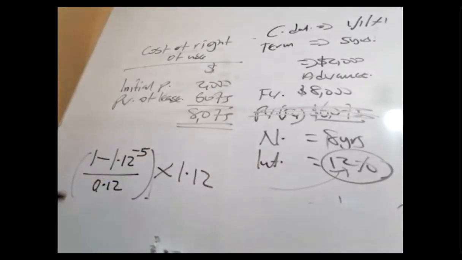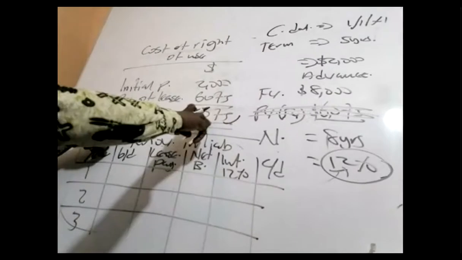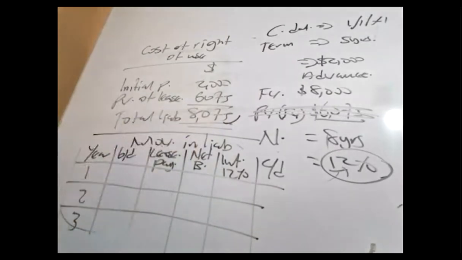So first, what do you get for the discount factor for a 5-year period? In short, this will be the total liability. Then we'll calculate the movement in liability.